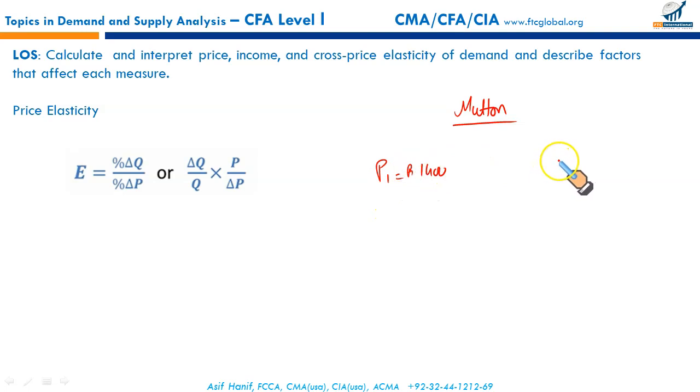And right now my quantity demanded Q1 is around 10 kg for the month. Now if price goes up to a new level of, let's say, 1600, my quantity demanded will see a decrease, but comparatively less, maybe 9.5. I love mutton. I won't decrease my consumption.